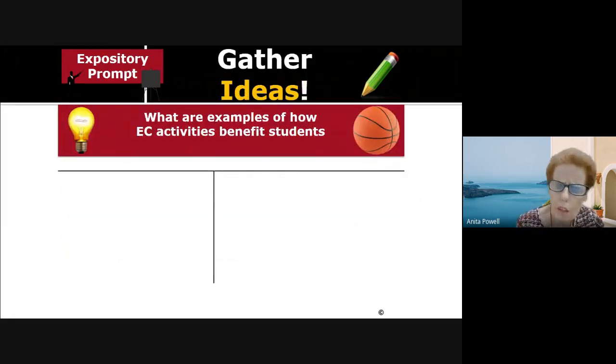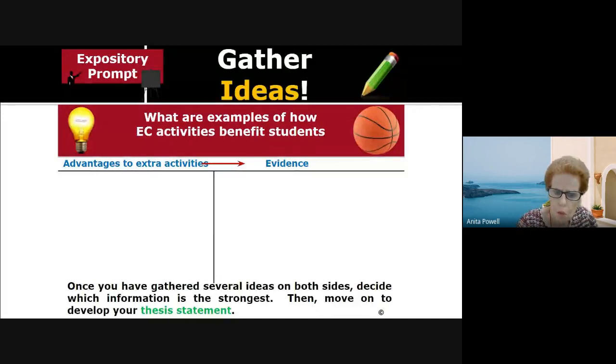We use a lot of times a graphic organizer to put together our thoughts: advantages or disadvantages to extracurricular activities. We're going to write about extracurricular activities, with evidence to support that idea. Once we've got several ideas on both sides, we can decide which are the strongest arguments, and then we develop our thesis statement.